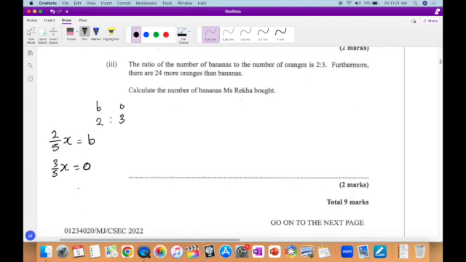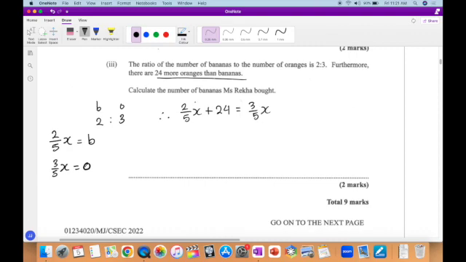And look what they tell us, that there are 24 more oranges than bananas. So the number of bananas plus 24, because there are 24 more oranges, will give us the number of oranges.